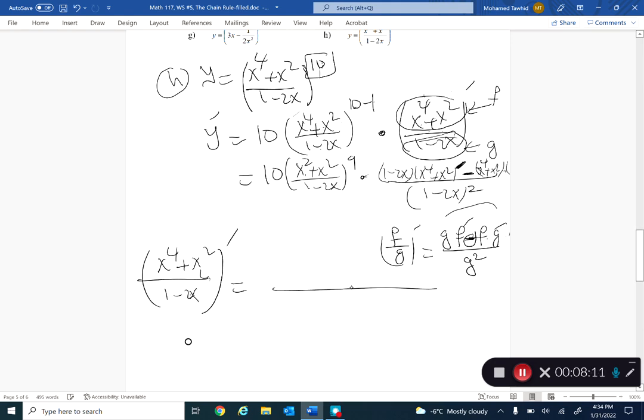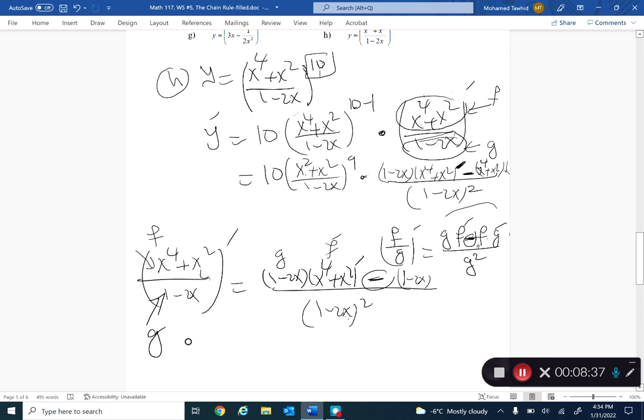So here is the rule that I'm talking about. 1 minus 2x squared, that is g squared, then 1 minus 2x, that is g, times the derivative of x to the power 4 plus x squared, that is f prime, minus f, which is x to the power 4 plus x squared, times g prime, which is 1 minus 2x prime.